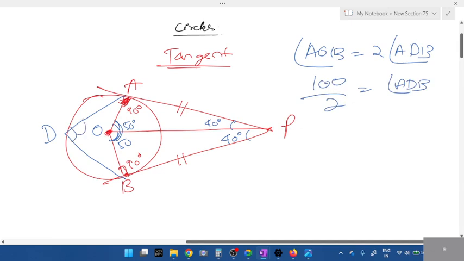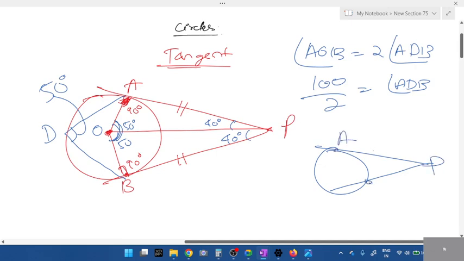This angle ADB is 50 degrees. You'll get questions like this. Is it clear? 50 and 50. So mostly such type of question, then a side question like this, P, A, B, and C.